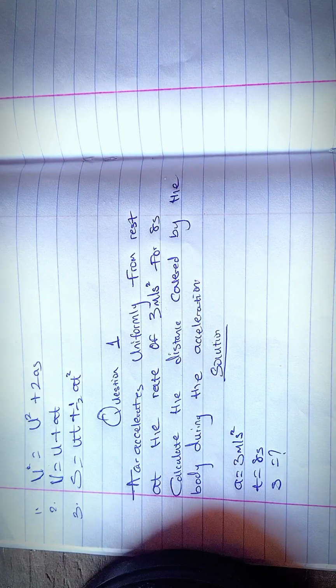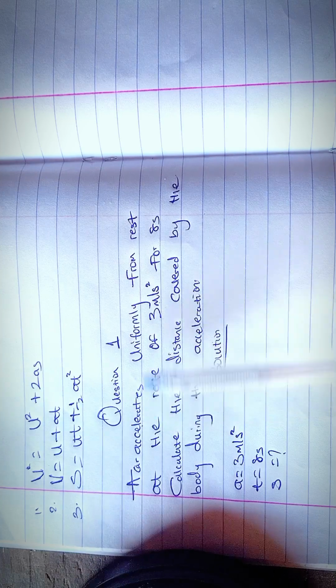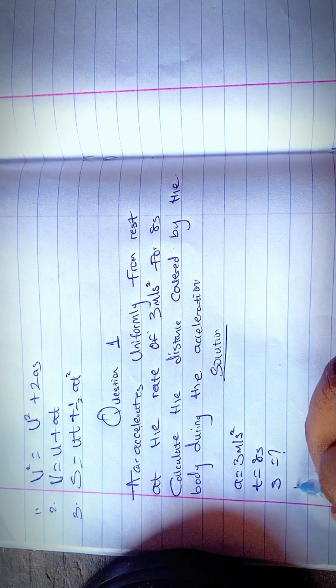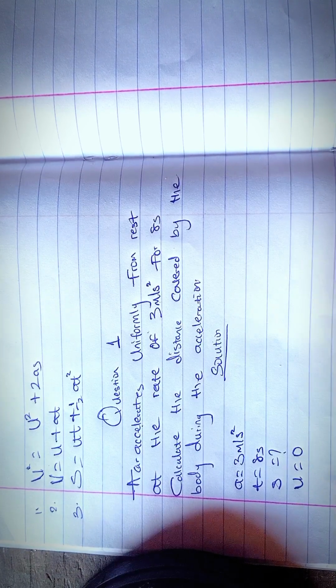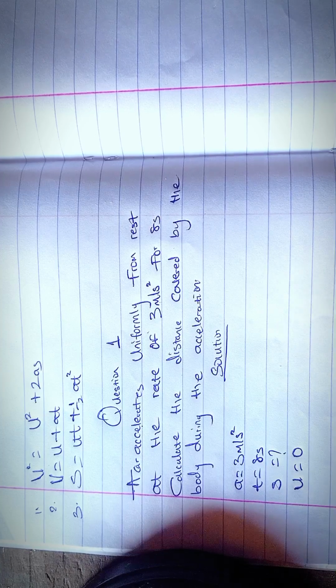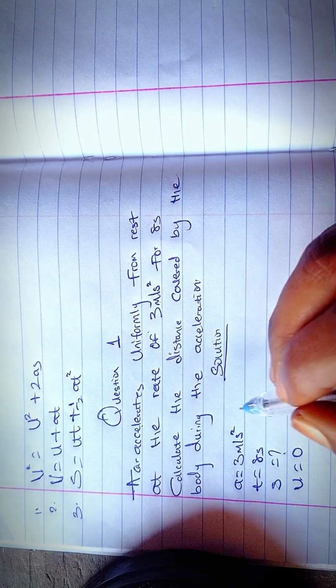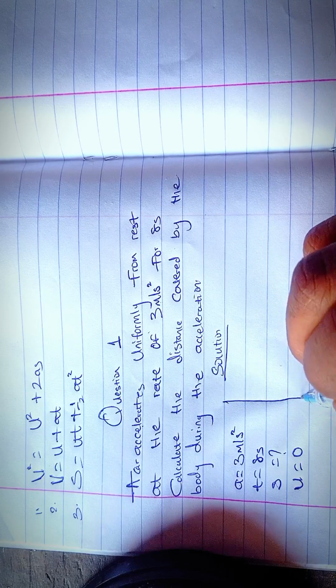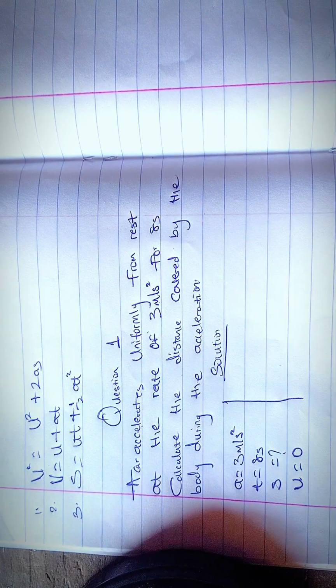When an object accelerates or moves from rest, what does it mean? It means that initial velocity u is 0. So I'm going to draw my line and continue solving on this other side, so we can have everything fixed in one box.